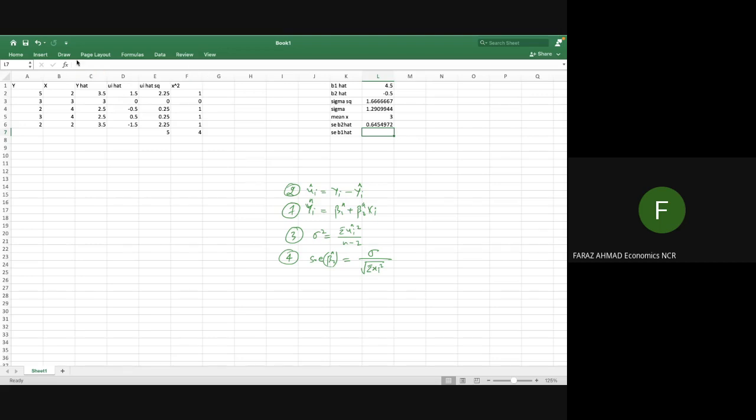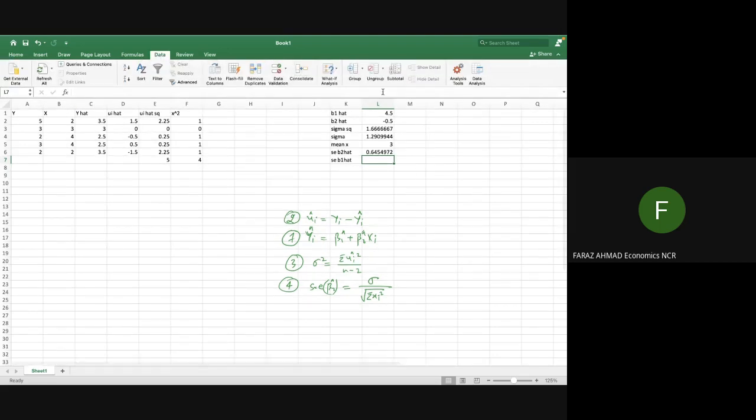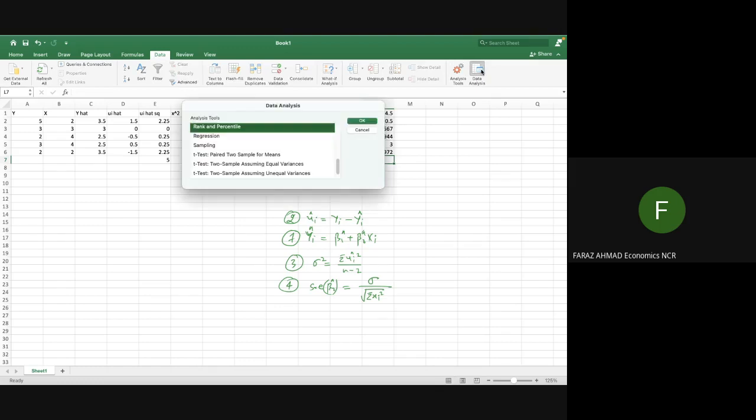So to check it, I'll run a regression here, because Excel will tell me whether my answer is right or wrong.